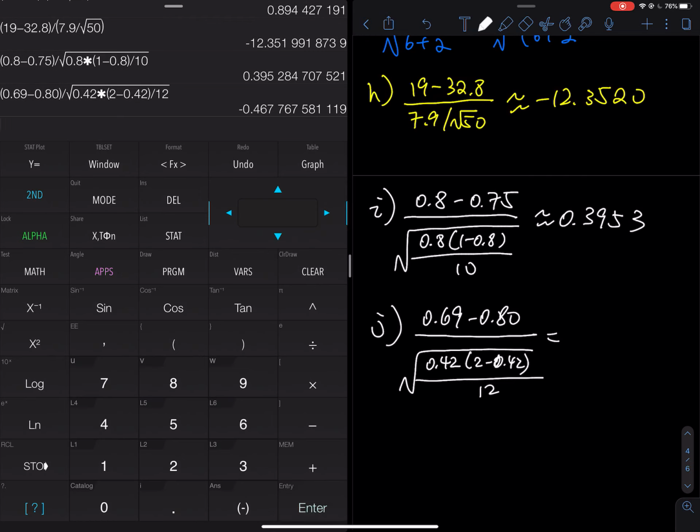So that is negative 0.4677, right? So that will be a 78. Add 1 to the 7, so that will be a 78. So J is the last part of this example, so that will be all in this example.